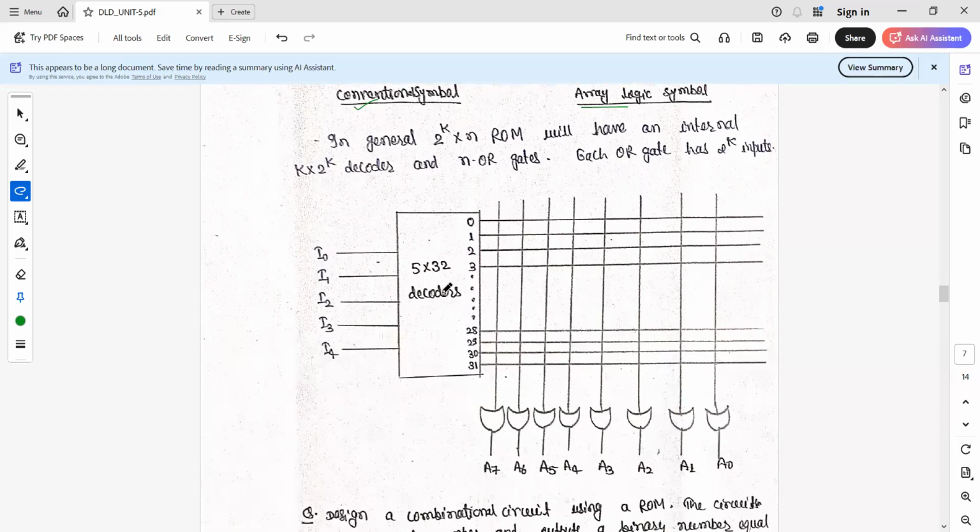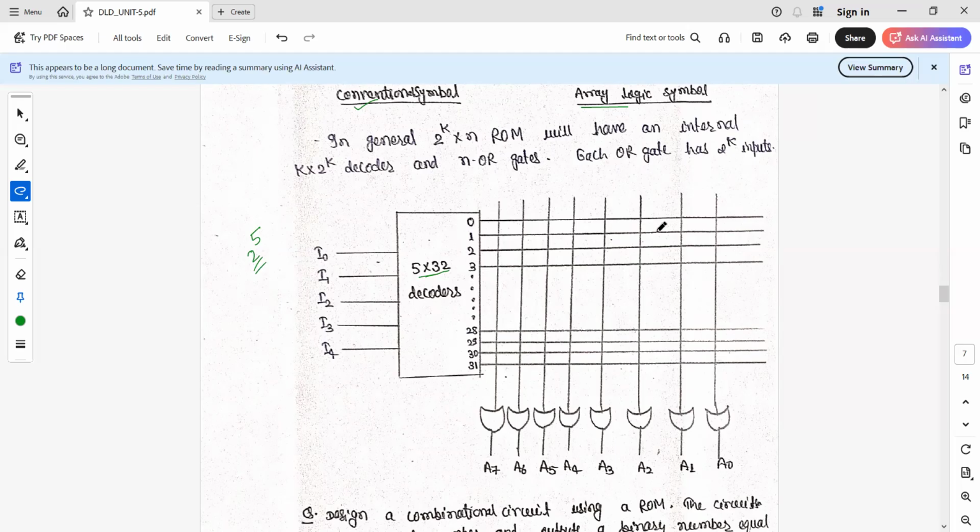Here an example is taken in which we design the ROM with a decoder of size 5 cross 32. Here 5 inputs are there, that means the address has 5 bits. The total capacity, meaning cell locations in the memory, is 2 to the power 5. Here we have outputs 0 to 31 of the decoder, and each decoder output is connected here.